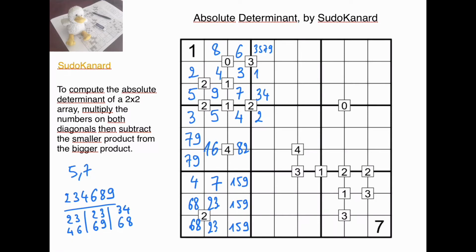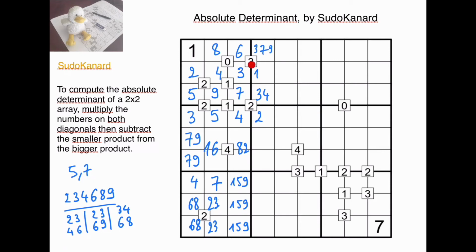That's 9 minus 6. It would work with a 2, but it's not available. 3 times 5, that's 15. This would have to be a 2 or a 3. They are not available. So 5 is ruled out.